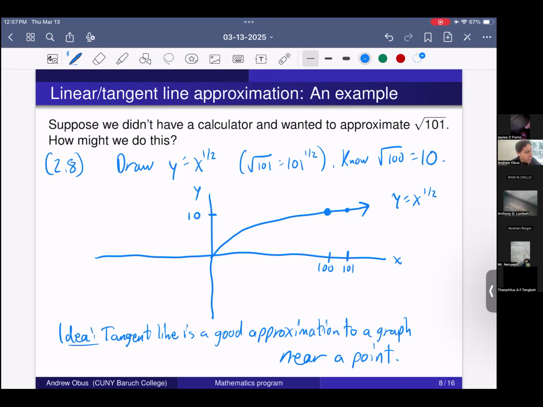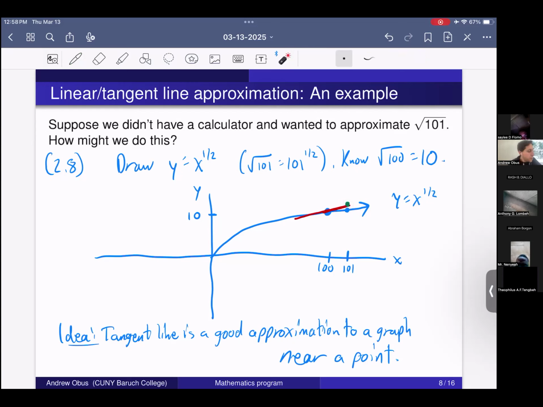If I'm here at 100 and I draw the tangent line, imagine that's the tangent line. It's a bad drawing, but then whatever the y value is at the tangent line at 101 is going to be pretty close to the actual value at 101. This error is not going to be very big.